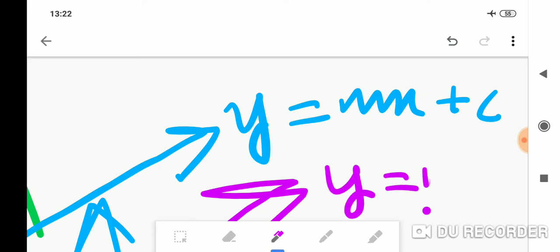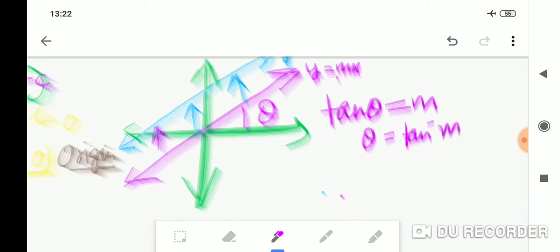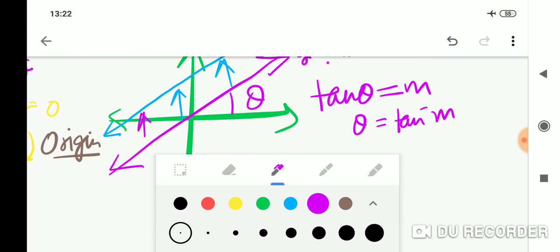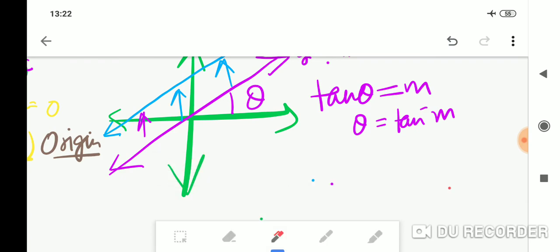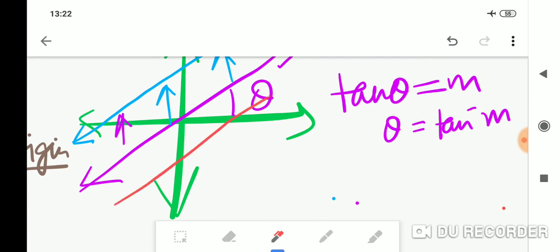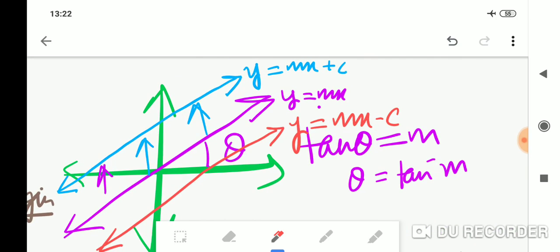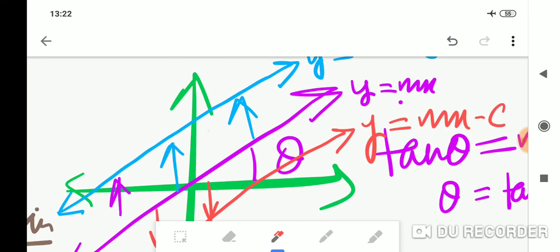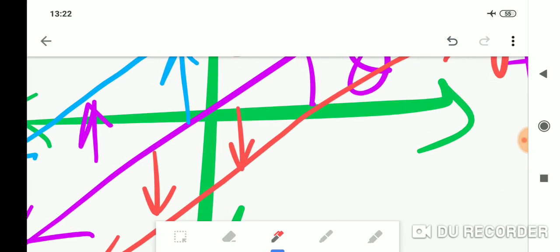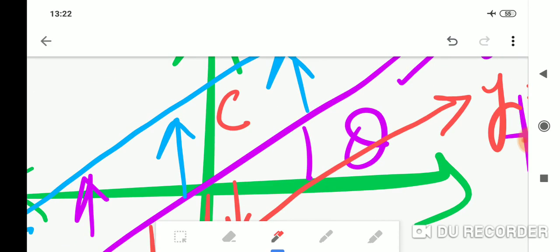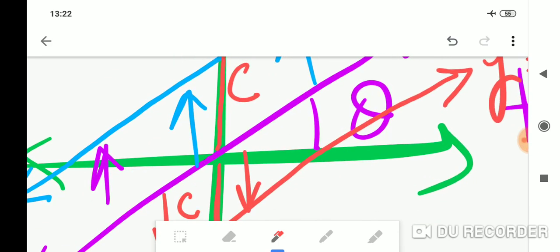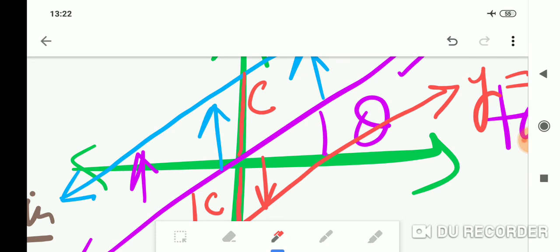Y equal to mx, now it is mx plus c. You can draw another graph of y equal to mx minus c, which will run just below the previous graph. So this value is c, and this angle is theta.